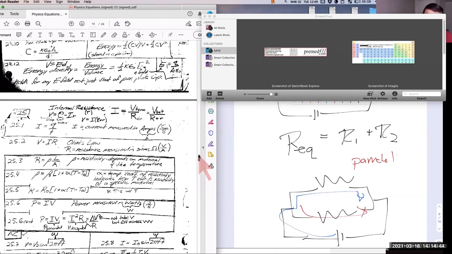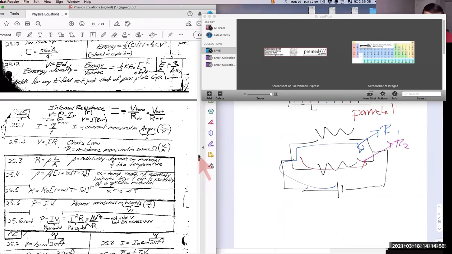And when they go in both directions, this over here, we'll call this our resistance 1, and we'll call this over here resistance 2. And then this will be 1 over R equivalent, and see, it's like a reciprocal.